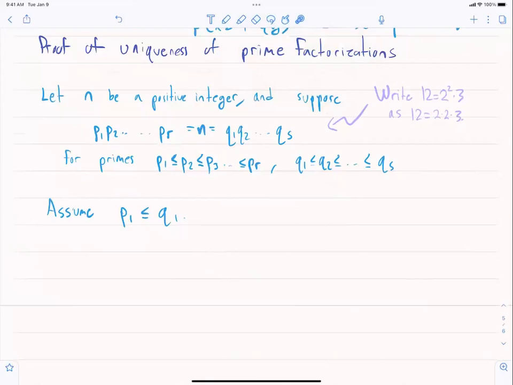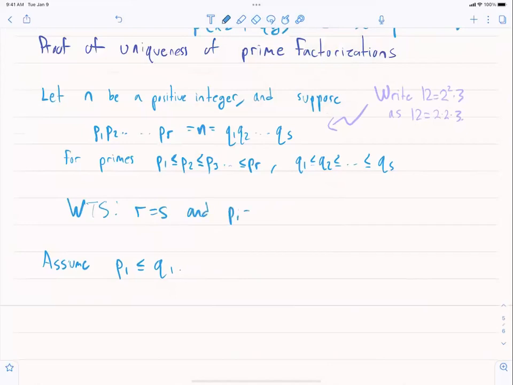Okay, but I want to show R is equal to S, and Pi equals Qi for all i. I want to show these really actually have to be the same.